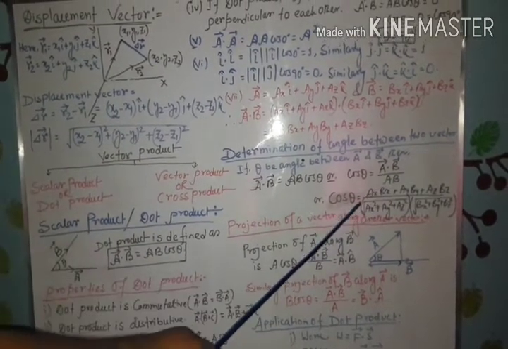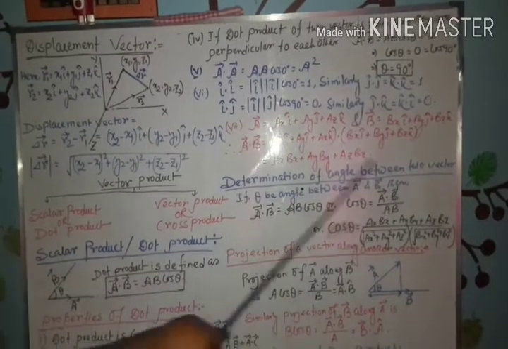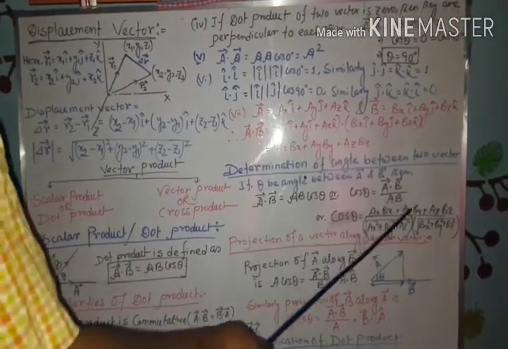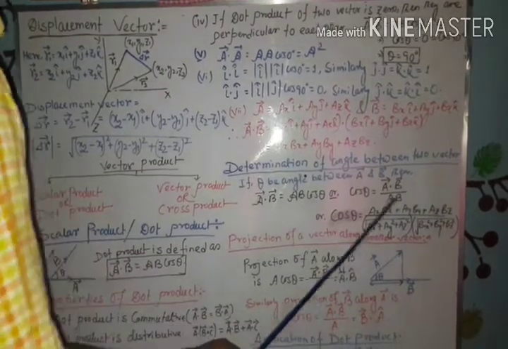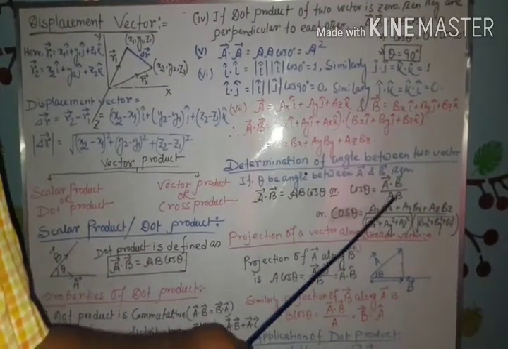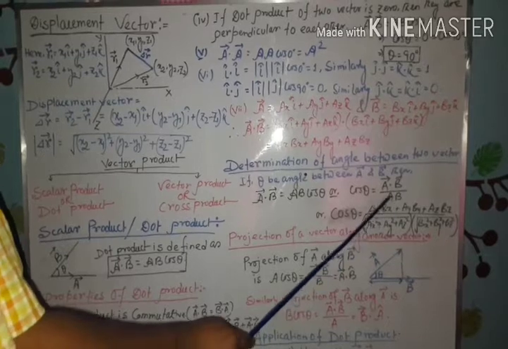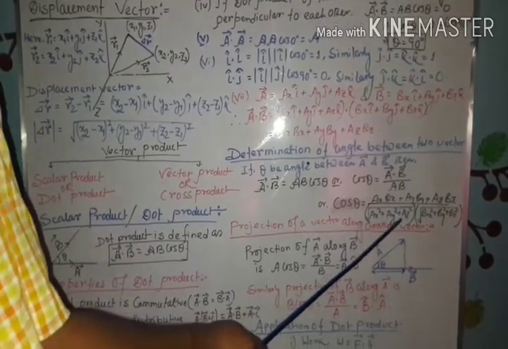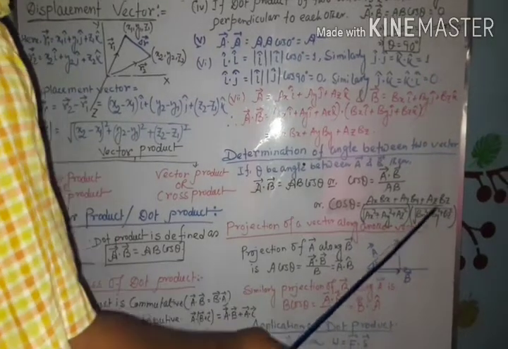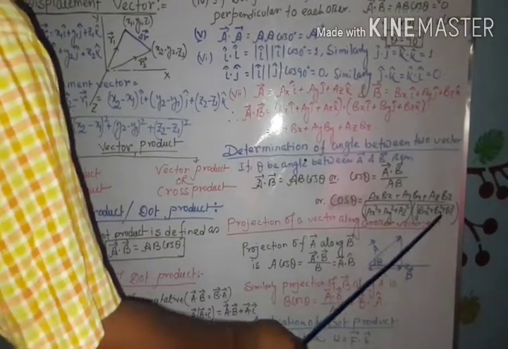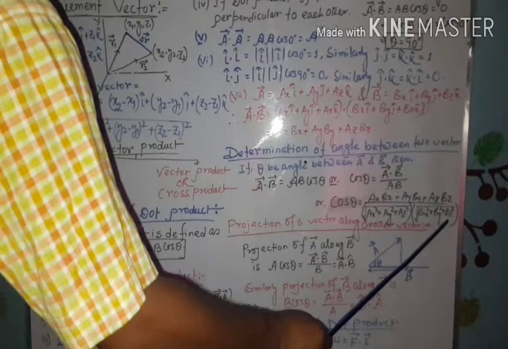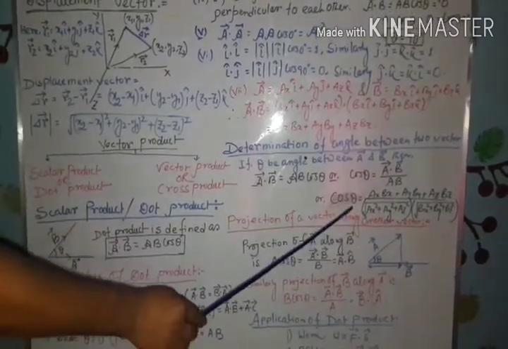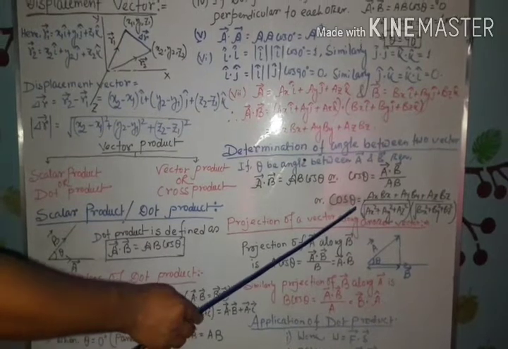Therefore, cos theta equals A dot B, which is AX BX plus AY BY plus AZ BZ, divided by mod of A, which we know is root over AX square plus AY square plus AZ square, into mod of B, which is root over BX square plus BY square plus BZ square. By this formula, we can determine the angle between two given vectors.